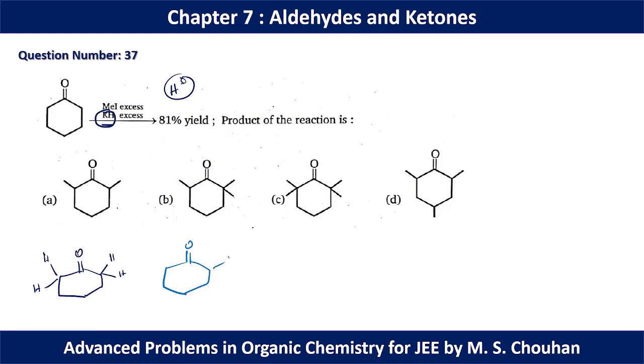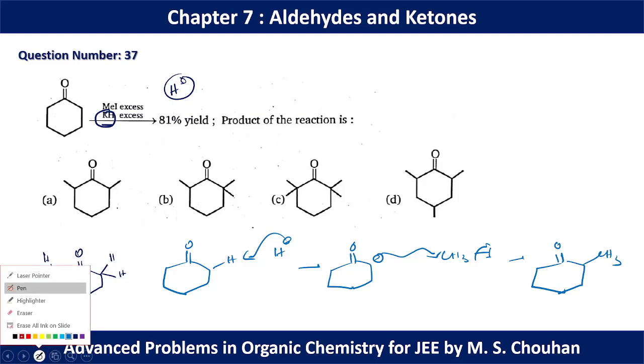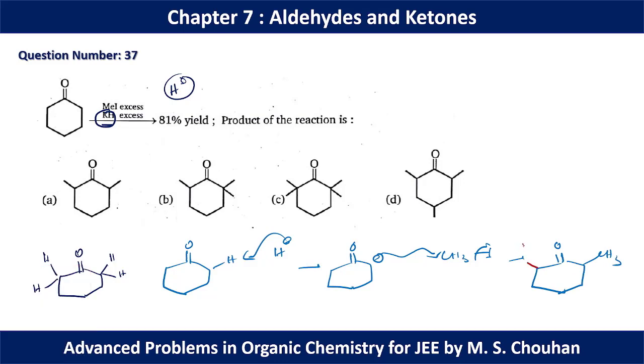So basically this hydrogen can be removed and this negative charge can behave as a nucleophile and can give this kind of situation. Okay, in the second step another hydrogen will be removed, in the third step another hydrogen will be removed, in the fourth step another hydrogen will be removed.